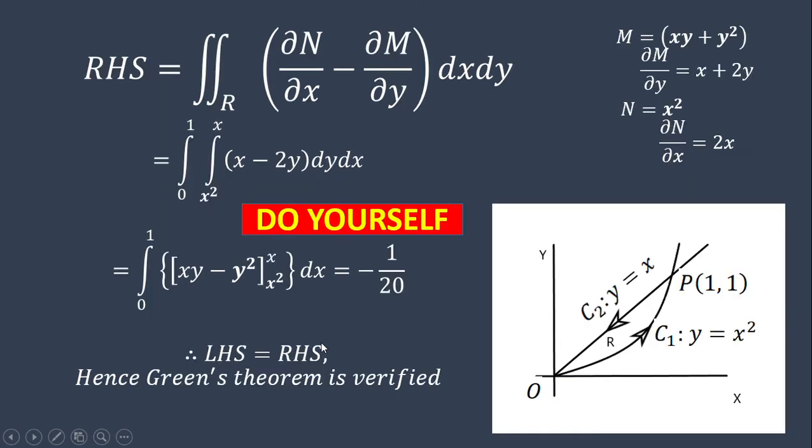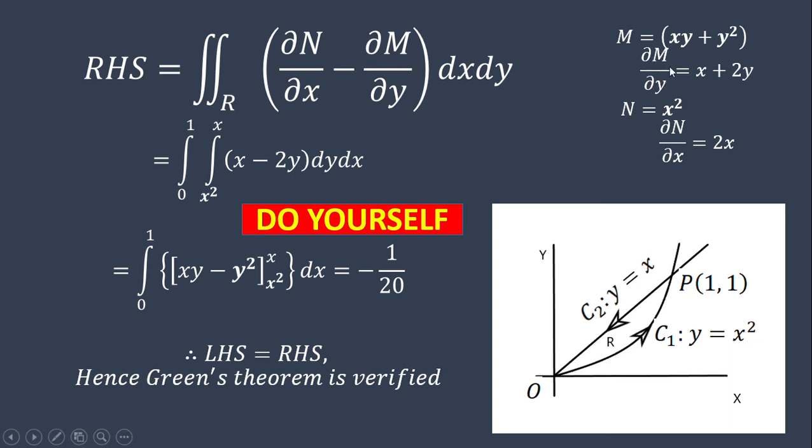Now let us find the right hand side. Right hand side of Green's theorem: double integral on R of (del N del x minus del M del y) dx dy. Here given that M equals xy plus y square. So differentiate it with respect to y.